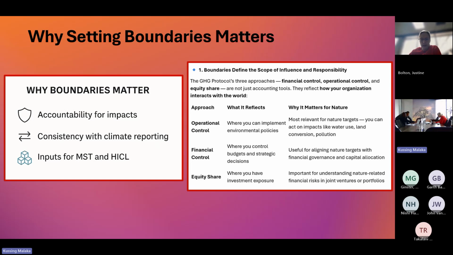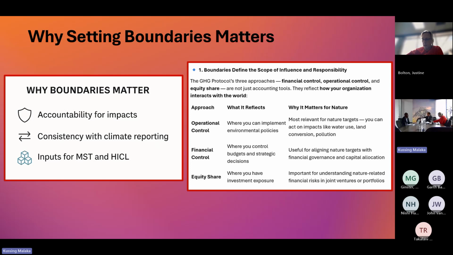Your boundary determination, or the approach you choose, could also enable strategic integration. It may allow you to link your nature targets with climate targets. So, for example, TNFD, CDP, and transition planning may align with your carbon accounting approach. And so it would make sense that your nature accounting and science-based targets for nature approach aligns with that, so that your strategic integration is easier.